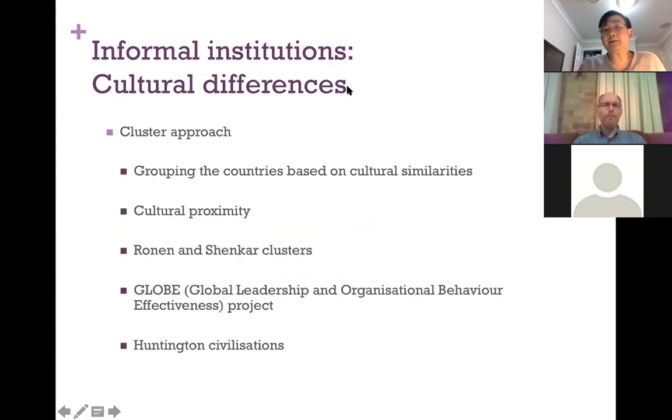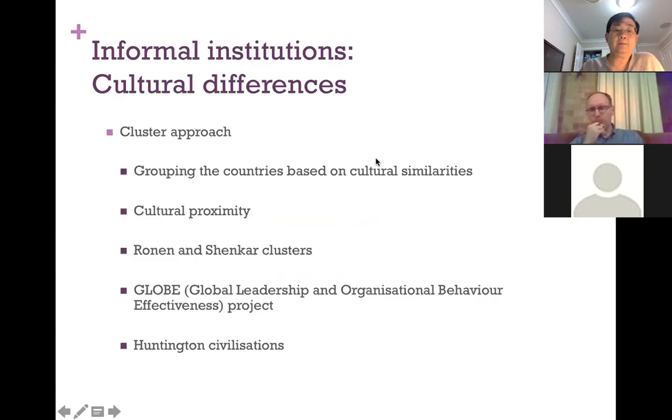The next one is the cluster approach. Scholars also suggest that if we have differences in terms of culture, we can group them, we can cluster them, based on cultural similarities or cultural proximity.